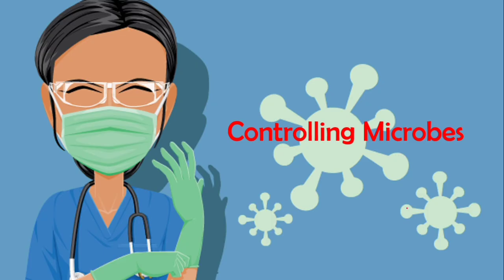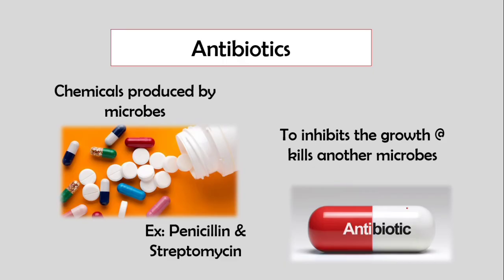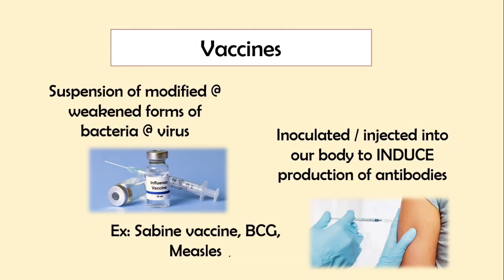Okay, how to control microbes? First one is using antibiotics. Antibiotics are chemicals produced by other microbes that are used to inhibit the growth and kill other microbes, such as penicillin and also streptomycin.